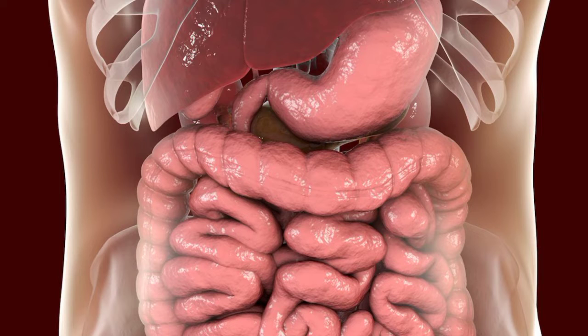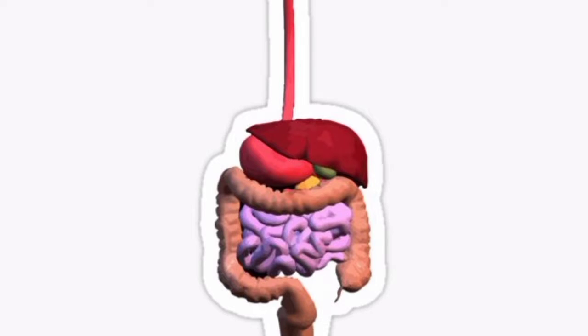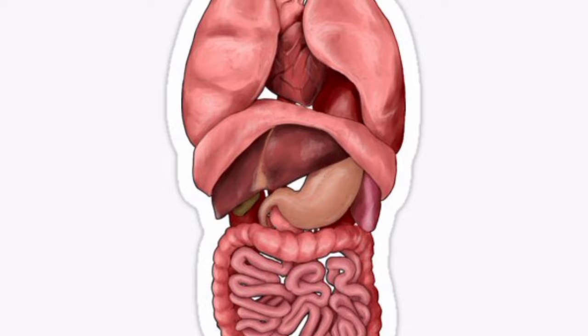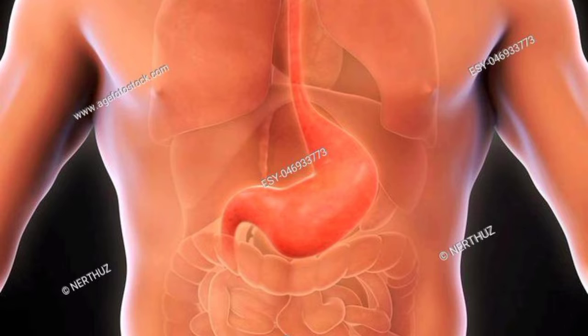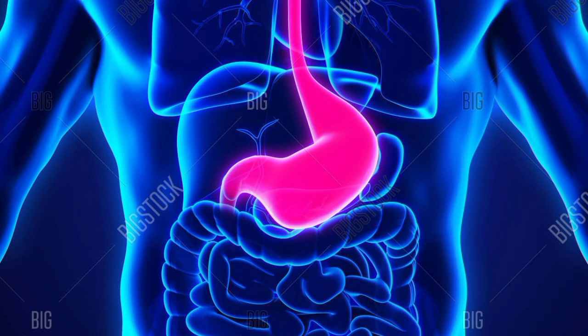It is again divided into two parts by an imaginary line drawn from the incisura angularis to the sulcus intermedius. These two divisions are the pyloric antrum and the pyloric canal. So that is all about the parts of the stomach: fundus, body, and pyloric part.